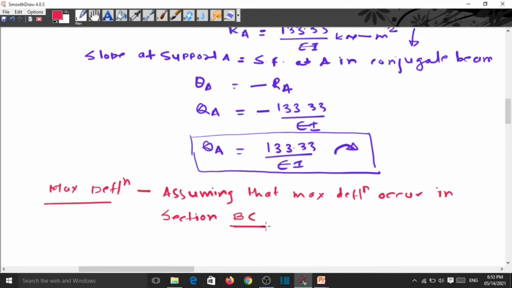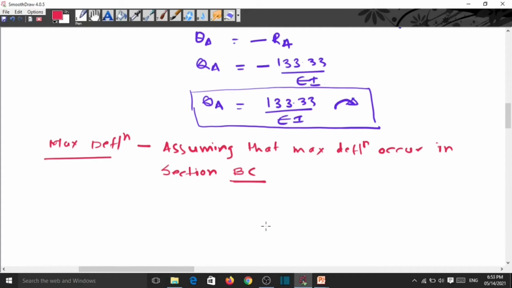Now we know that in the case of the real beam, the maximum deflection occurs where the slope is 0.